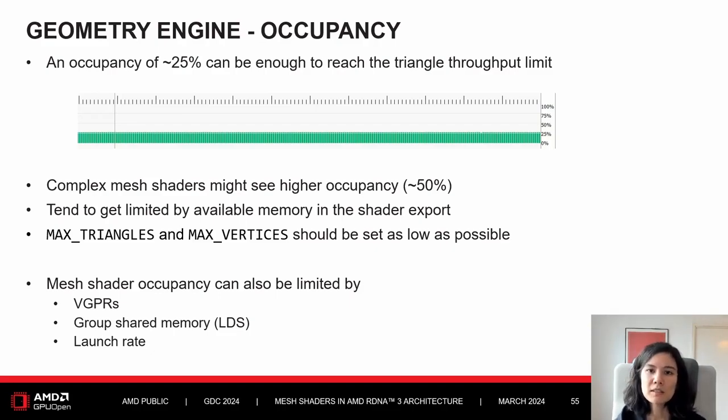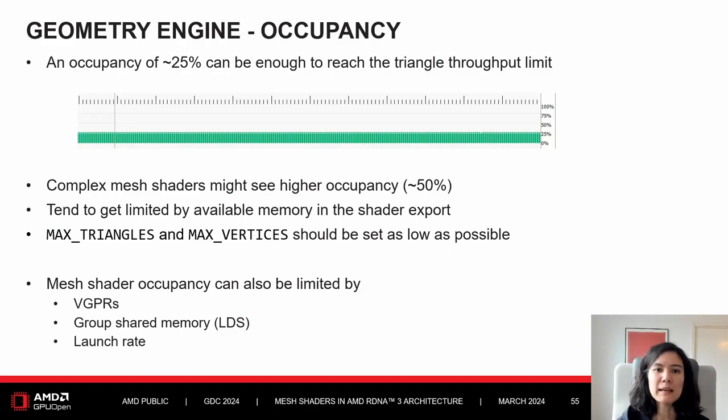So for these shaders, we recommend to set the number of max triangles and max vertices as low as possible. The occupancy of your mesh shaders can also be limited by the number of VGPRs used, the size of the allocated group shared memory, and also by the launch rate. The launch rate can become an issue if you have a lot of really tiny mesh shader draw calls that are not doing a lot of work and also not producing a lot of work.